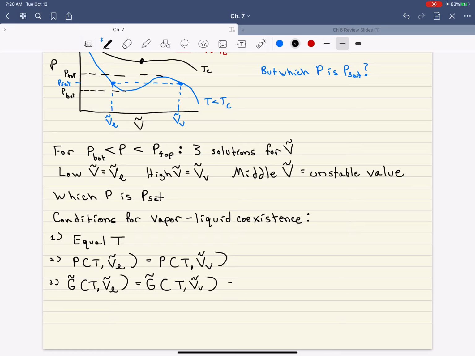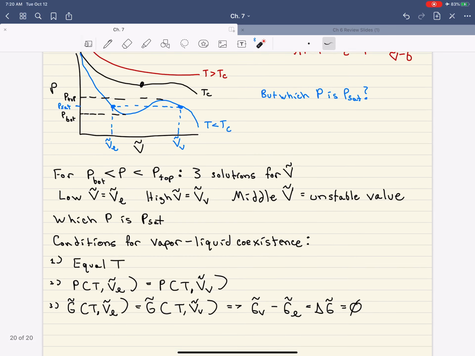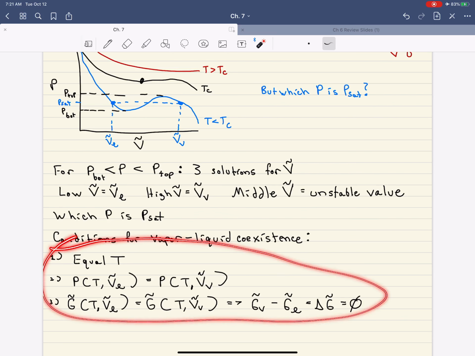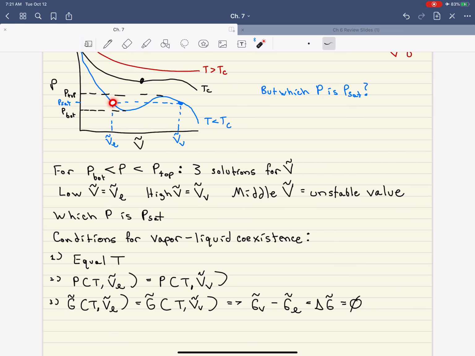Another way of saying that is G^V minus G^L, so delta G, has to be equal to 0. These three criteria are the ones that we mentioned before. The system can't just have one of these things be true and then be at equilibrium. All of these things have to be true in order for us to get stable liquid and vapor phases.